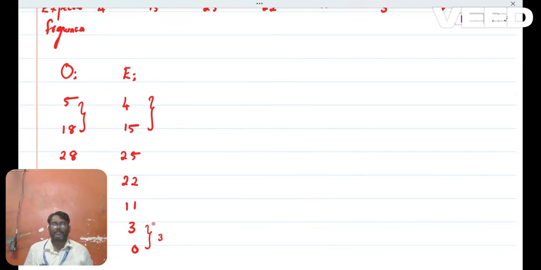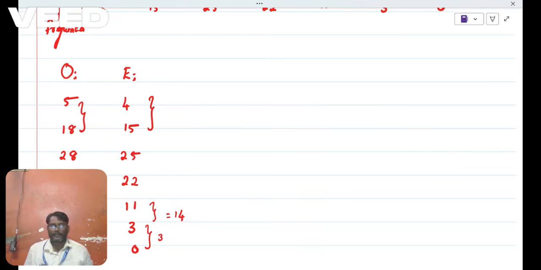Further, it is in single digits, so we have to make it more than 10. So again you have to club with the nearest frequency, which is 11, that is 14. Correspondingly, you have to merge the observed ones: 6 plus 4 is 10, plus 7 becomes 17. And here 18 plus 5 will be 23. And here it has become 19.